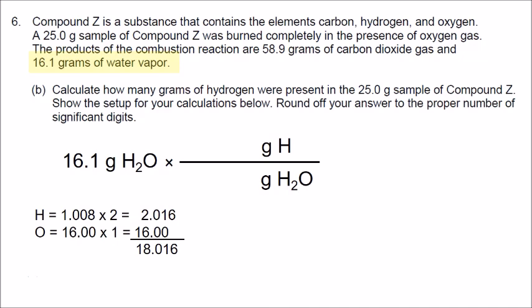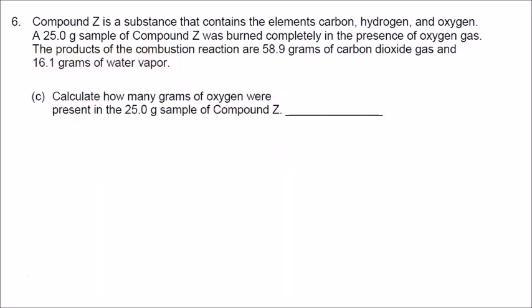So 2.016 grams of hydrogen are present in water, and the total molar mass of water is 18.016. If we do this math, this will give us our grams of hydrogen, and that, rounded off to 3 sig figs, is 1.80.